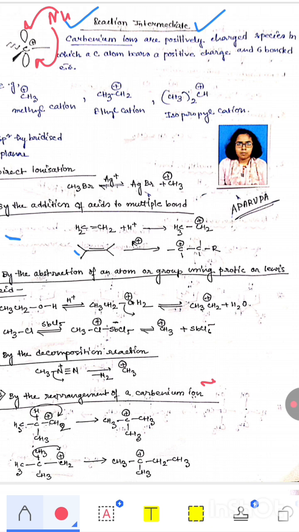So when the approaching ligand or nucleophile is there, it can attack from above the plane as well as below the plane. So there must be two ways, and that's why two types of product can be produced.